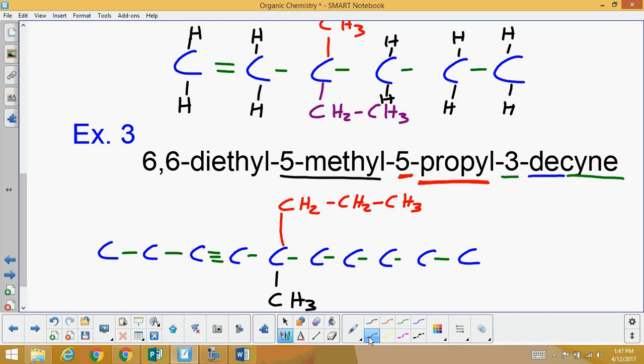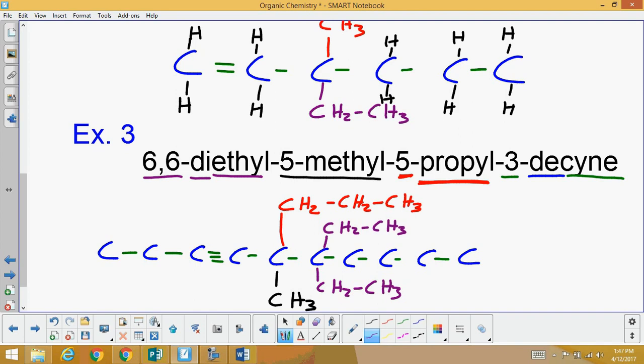Keep working up. We have ethyl. We have 2 of them, and they're at 6 and 6. So it's going to be right next to these. There's going to be one on the top. So this is ethyl, CH2, CH3. This is CH2, CH3. 2 ethyls on number 6.